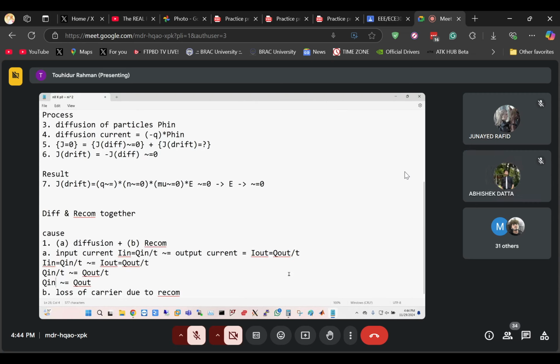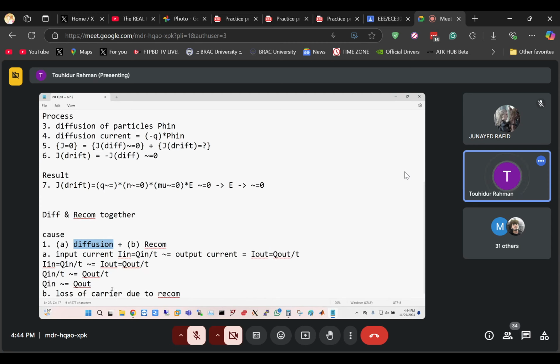If there is a difference, are we going to have diffusion? Yes, sir. Okay. So that's why diffusion can be represented as difference of current, from which we can derive that there will be difference of carrier concentration. That means there will be diffusion. See how beautiful this is.